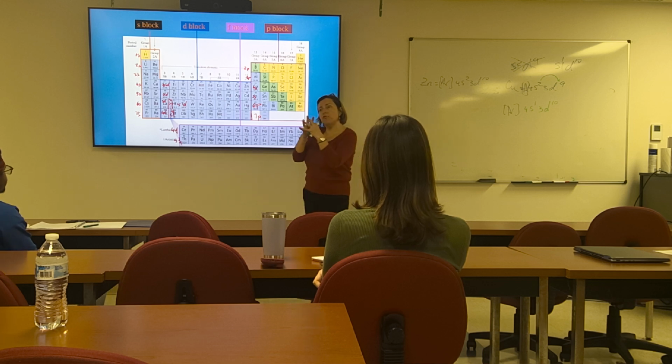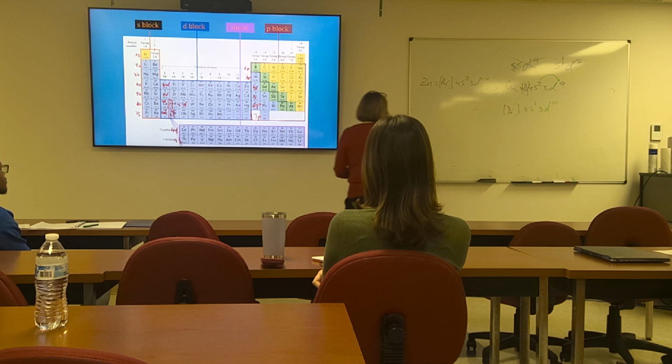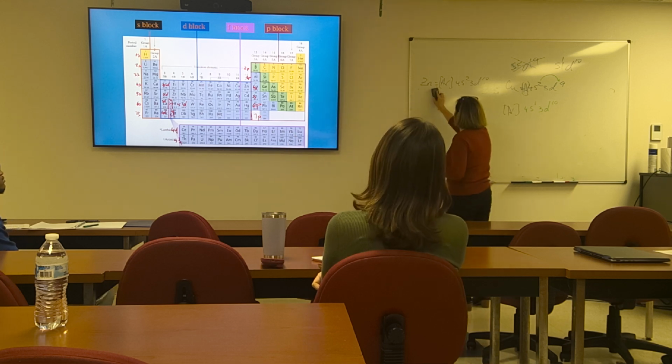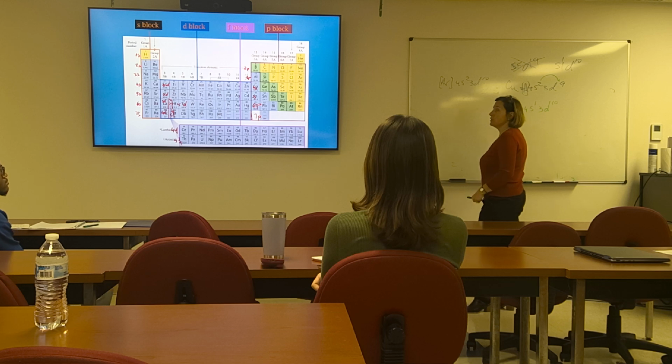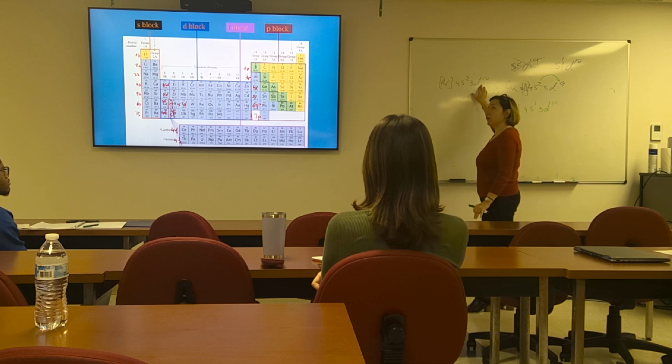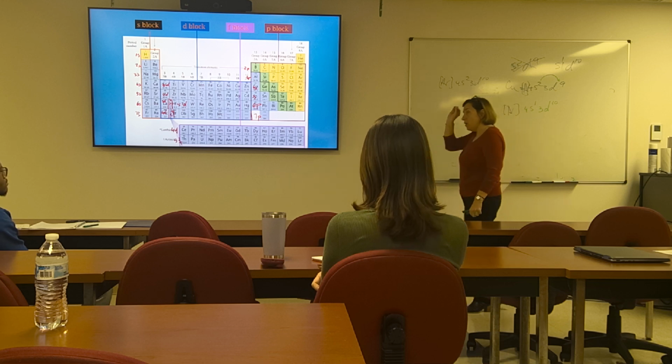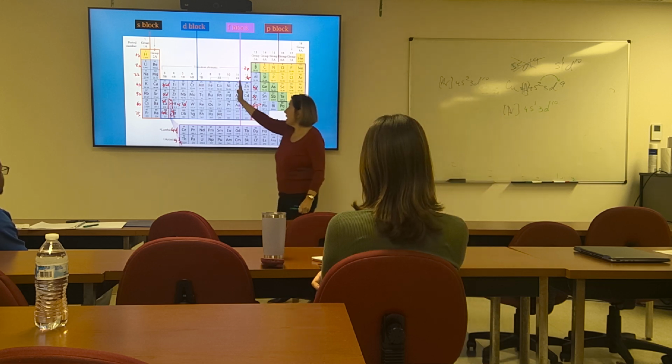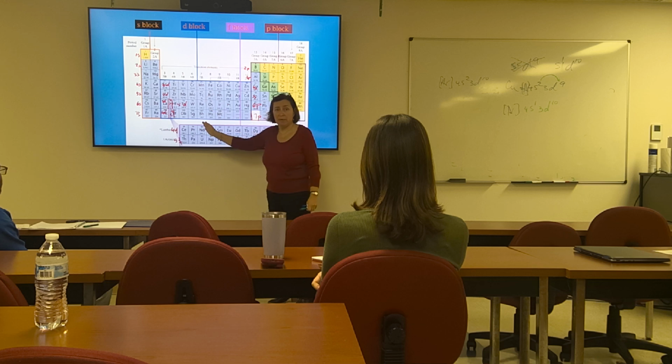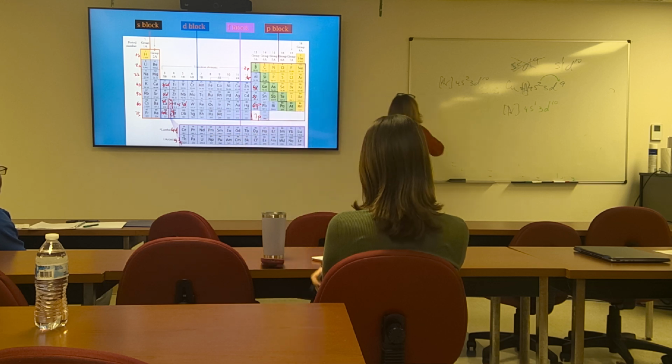So I can give you a configuration and ask you to identify the element. If I don't tell you it's zinc, you look at 3d10, and remember to make sure that it's not an exceptional configuration. That only happens for these elements, and I'm going to show you 3 more that do the same thing, only for the d block.